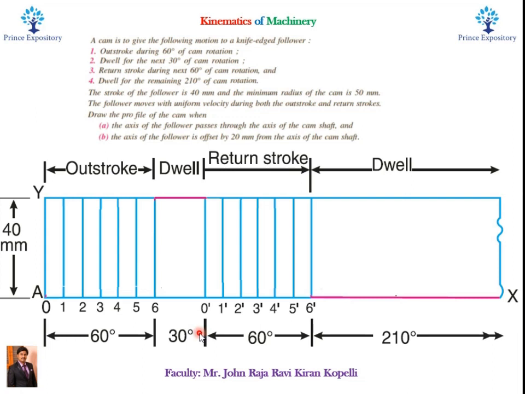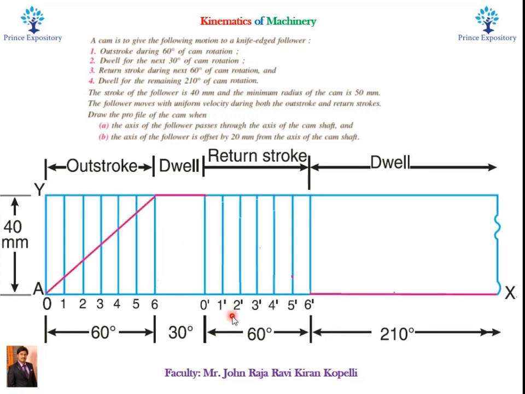Now, because it was given in the question, the follower moves with uniform velocity. Now, we are supposed to draw a diagonal line that is intersecting all the divisions and then being in contact with the starting point of the dwell. That is the line.